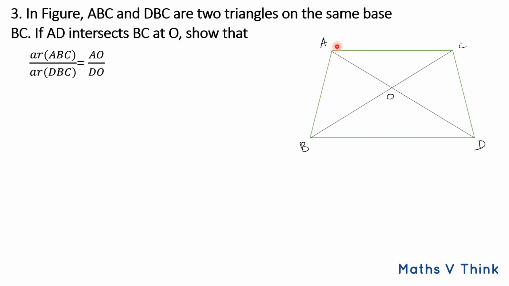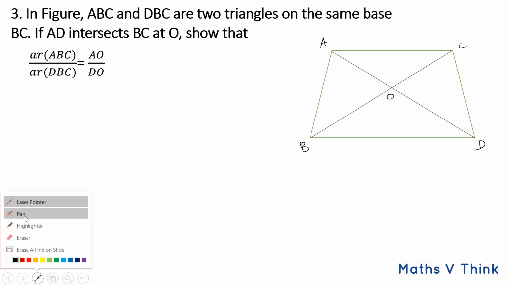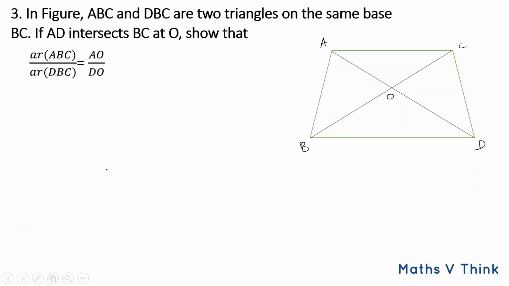In this figure, triangle ABC and triangle DBC are on the same base BC, and AD is intersecting BC at point O. Now we need to show that area of ABC divided by area of DBC is equal to AO by DO. So the given part is that ABC and DBC are two triangles on the same base BC, and this is to prove.